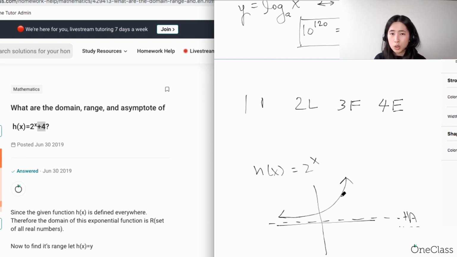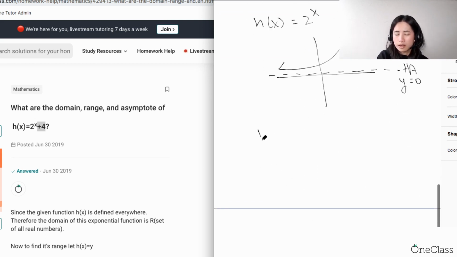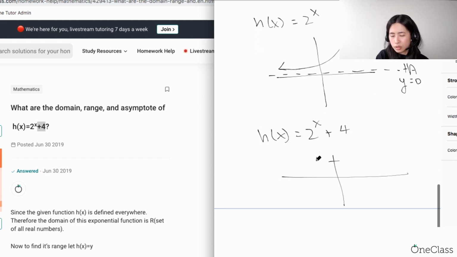However, because you have 2 raised to the power of x and that plus 4, the plus 4 translates your function up by 4 units. So for h of x equals 2 raised to the power of x plus 4, you're going to start at 4.